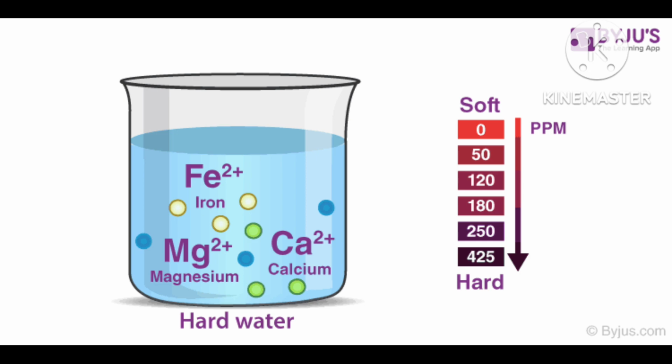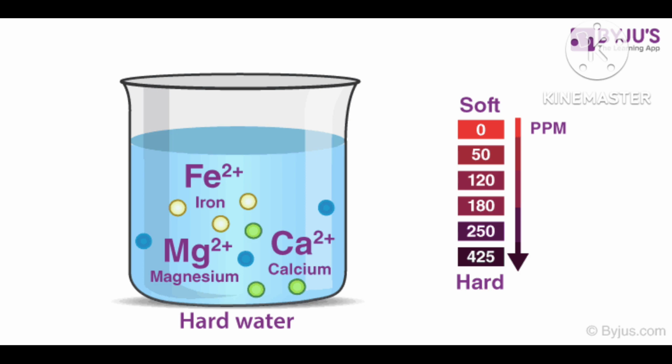Pure demineralized or deionized water, free from all soluble mineral salts, is obtained by passing water successively through a cation exchange. Now many soluble minerals will be there in hard water. Then that can be removed.